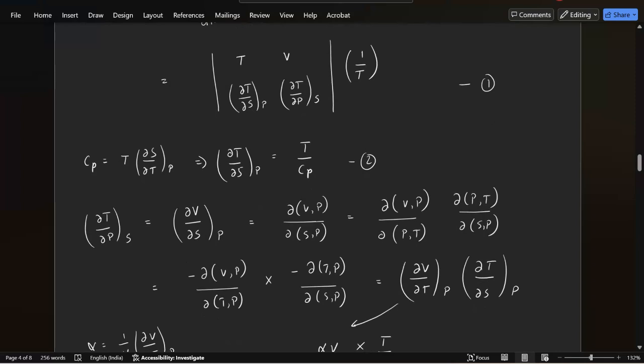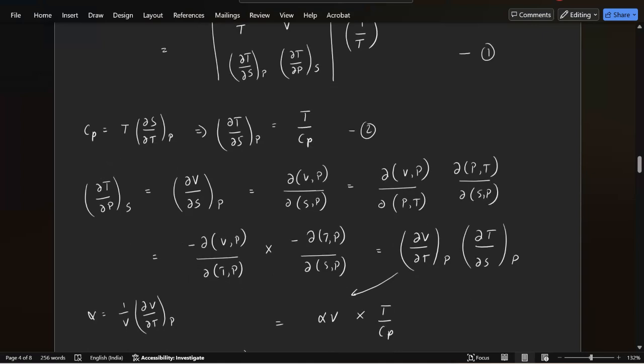Where are you telling? In 2, this second line? Yes, here, the negative sign. Jaydeep, which one are you talking about? Del T by del P or Cp? Del T by del P. Ah, that line.